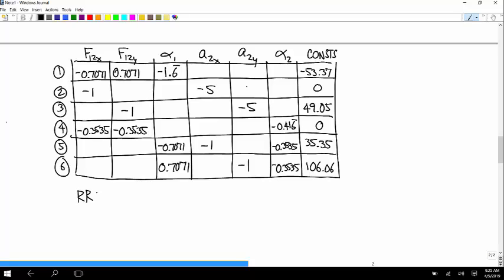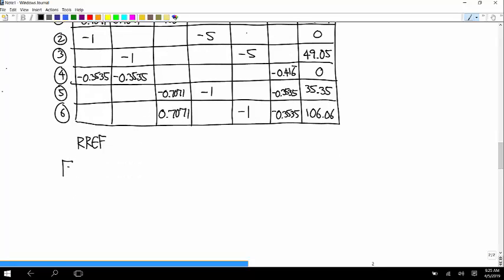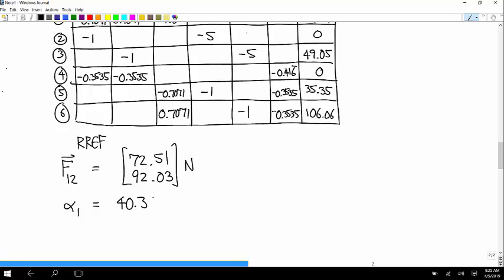And then reduced row echelon form gives you F12 is 72.51, 92.03, and that's newtons. Alpha 1 is 40.30 radians per second squared.